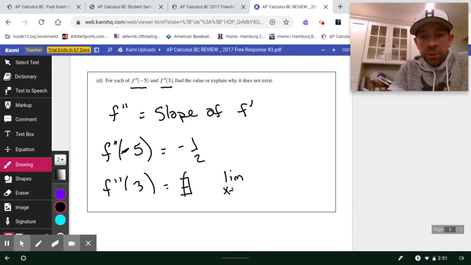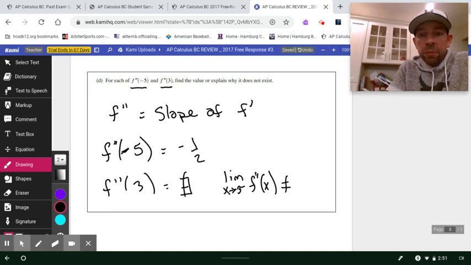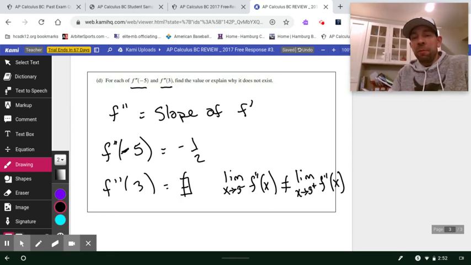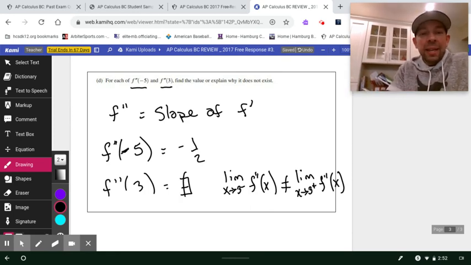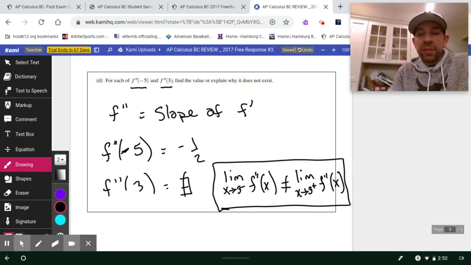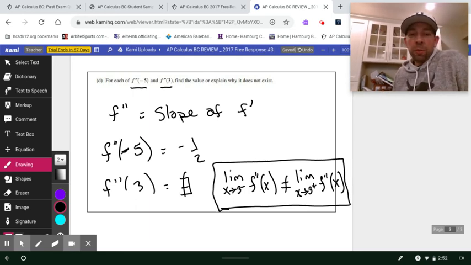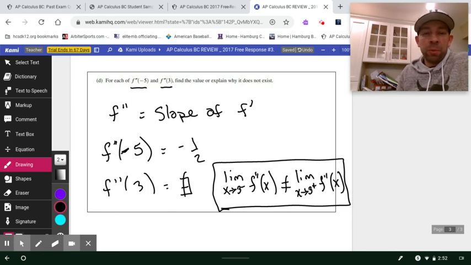The limit as x approaches 3 from the left of f double prime does not equal the limit as x approaches 3 from the right of f double prime, because the slope from the left side of 3 is not equal to the slope from the right side of 3. And a lot of times in recent years, you had to use this idea of one-sided limits to try to prove why a curve wasn't differentiable at a sharp point.